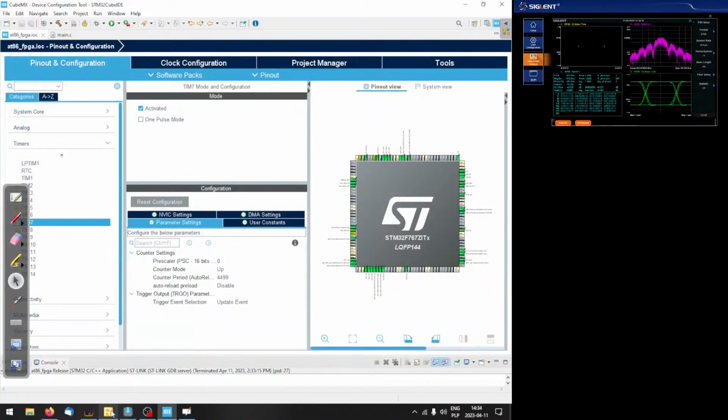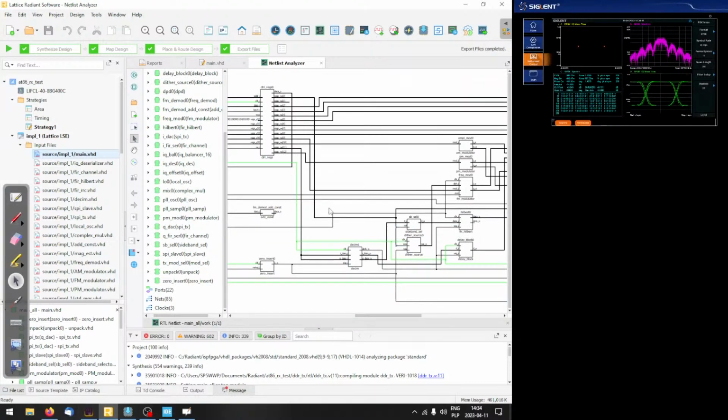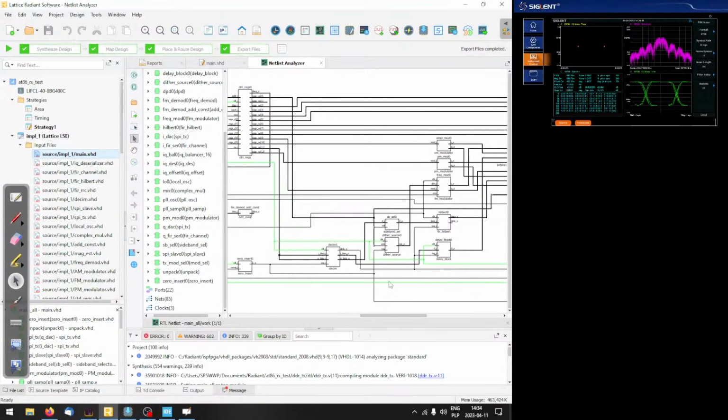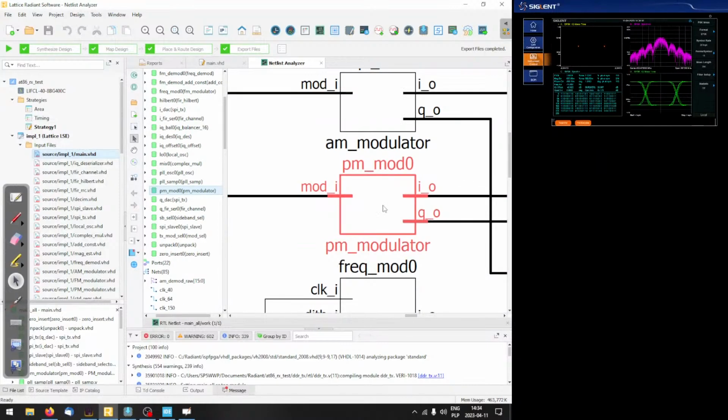Now we are going to maybe take a look at the netlist analyzer for the FPGA. So nothing changed here. This is exactly how it was a few days ago. So still we've got the register 12, that's seen hexadecimal, fed to phase modulator.